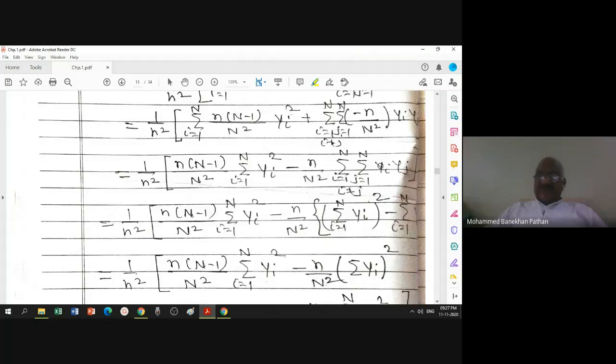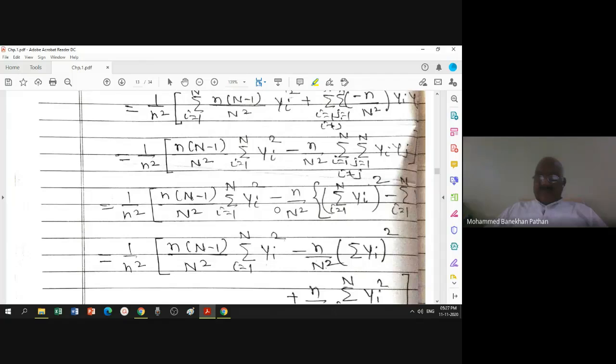Double summation Y_i Y_j, i not equal to j. Sum of Y_i square. Now here one thing is not scanned properly. I write this sum of products as the square of the sum minus the sum of Y_i square. How do I write this? It is written by using a simple result. What result?